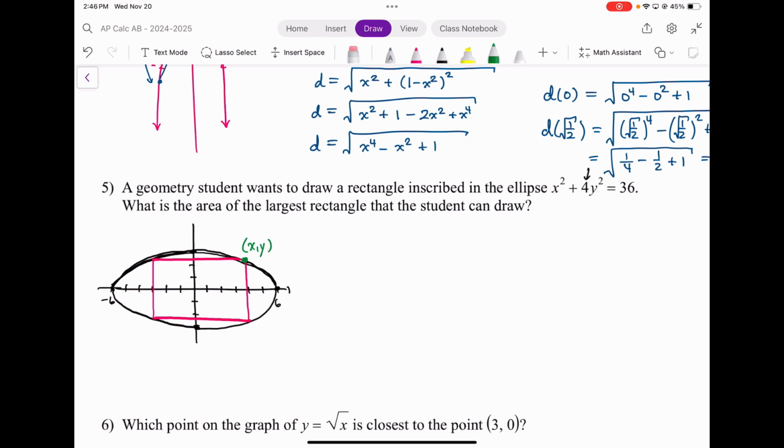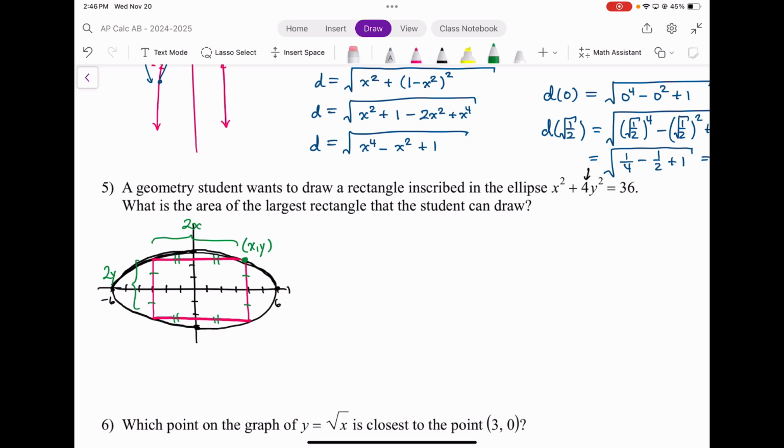Now this x comma y is automatically going to help us create our equations, because notice if that's x comma y, then this length is exactly 2x. And then the height would be exactly 2y, because these lengths would be equal because of the symmetry of the ellipse, and so would these lengths. All right, so that's important.